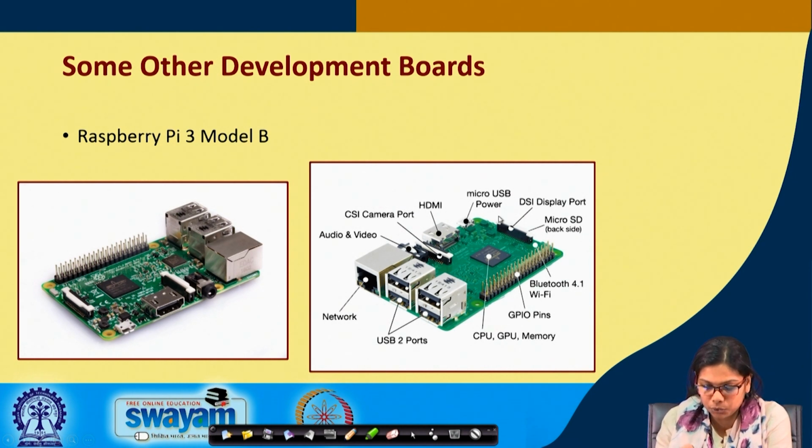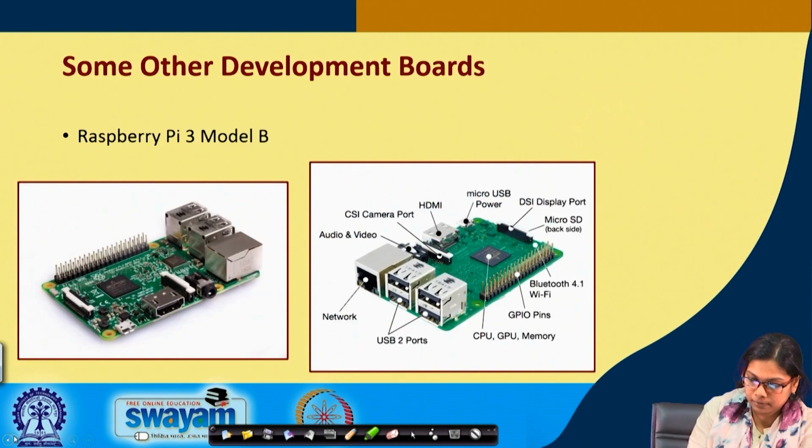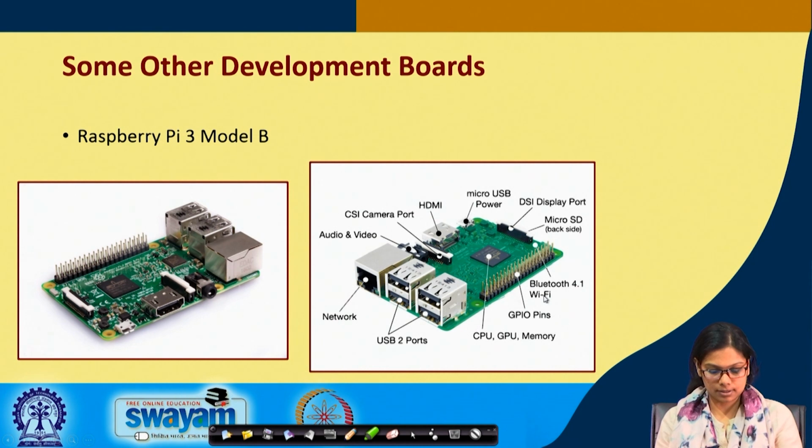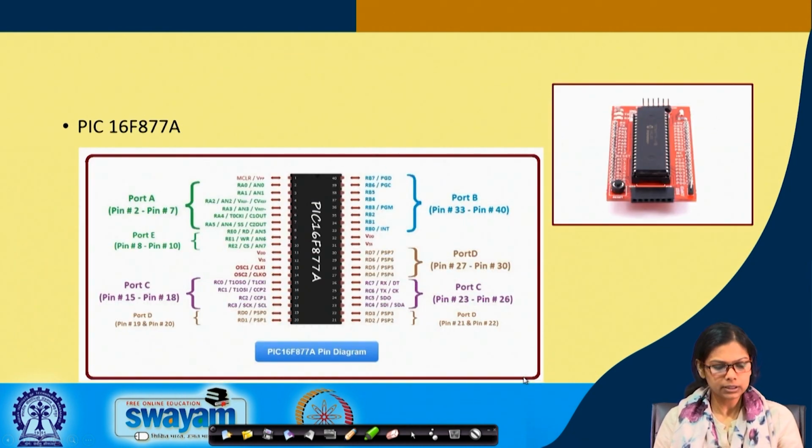There is a micro USB power point as well. There is a display port. You can also put a micro SD in the backside. It is also Bluetooth enabled, and this is the CPU, and this is the GPU, the memory, and these are the pins that can be used. This is all about this board.